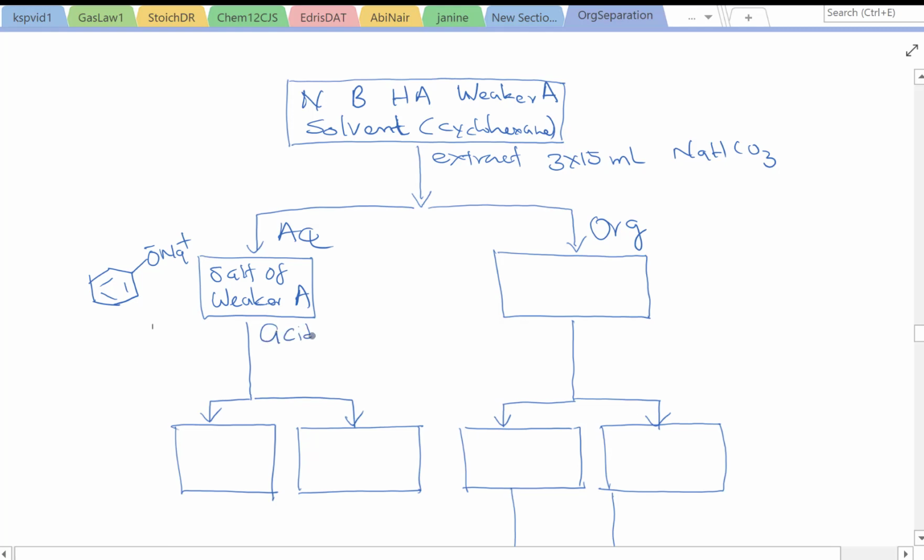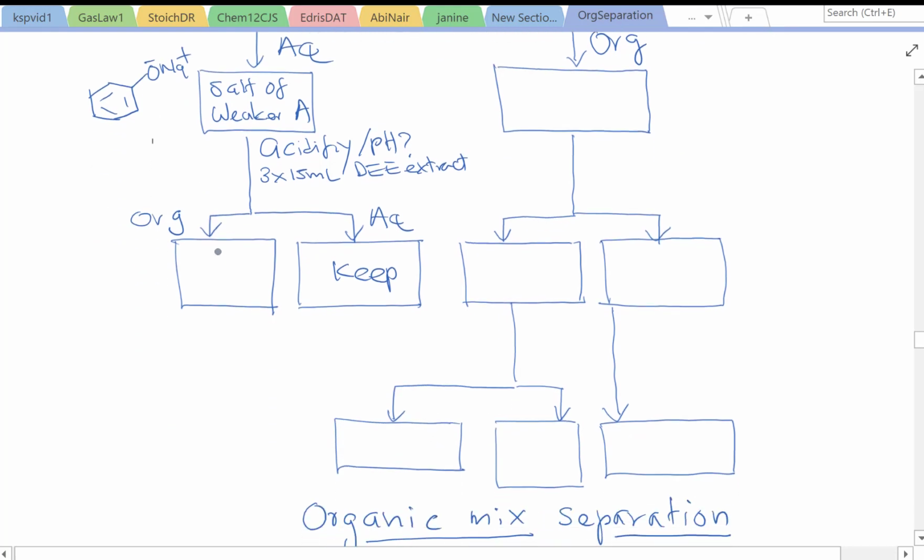So acidify, pH check, and once you acidify, you have the phenol itself, 3 times 15 milliliter DE extraction. And then you separate the aqueous, keep the aqueous, and take the OG, and then you do the normal workup.